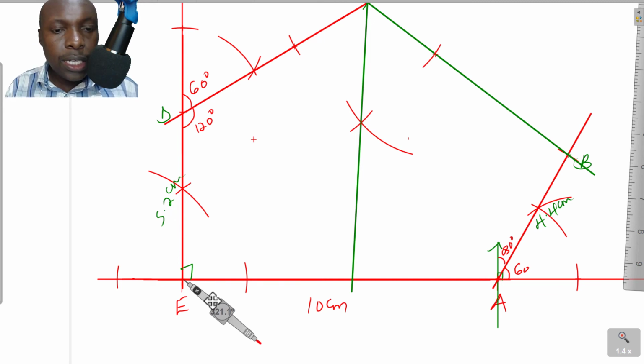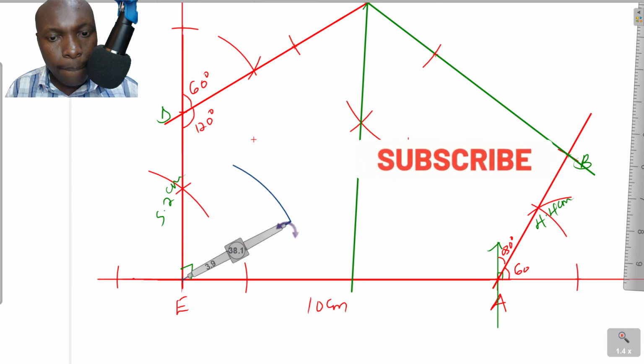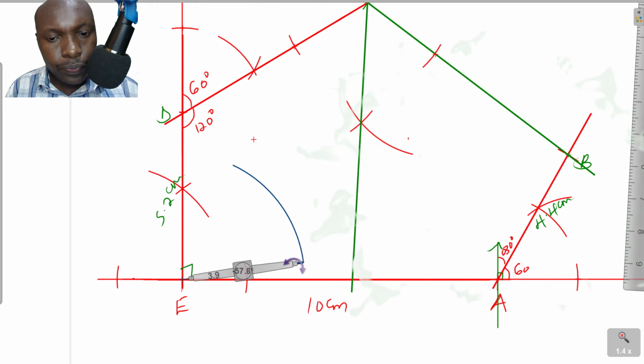That is what will represent the locus of points equidistant from E and D. So standing at E, making sure you open the compasses more than half of that line, mark an arc there, and another one down here.